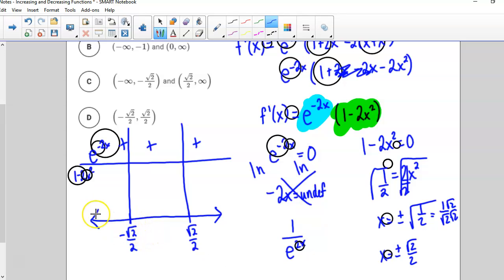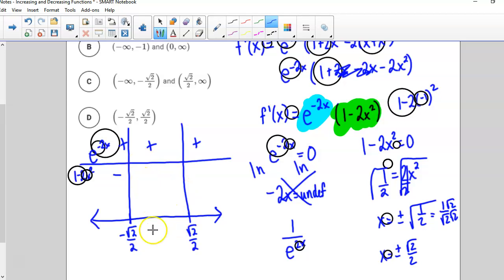So take a number lower than negative square root of 2 over 2. Negative square root of 2 is going to be like 1 point something over 2, so this is less than 1 because 2 is bigger than square root of 2. So we could use negative 1. 1 minus 2 times negative 1 squared is going to be 1 minus 2, so we'll get a negative number here.